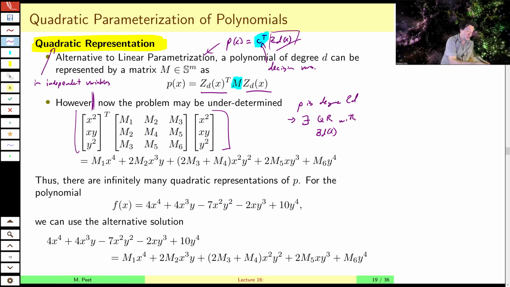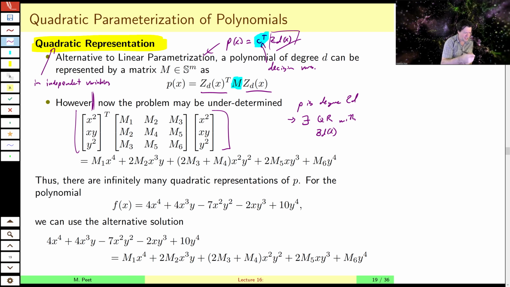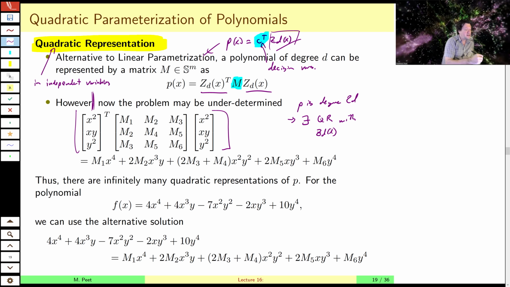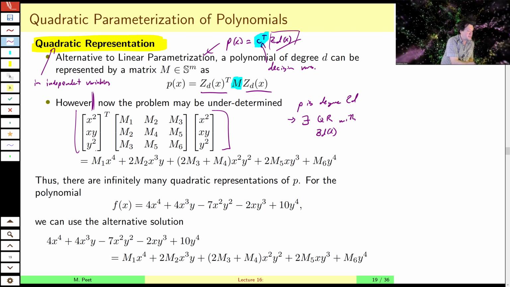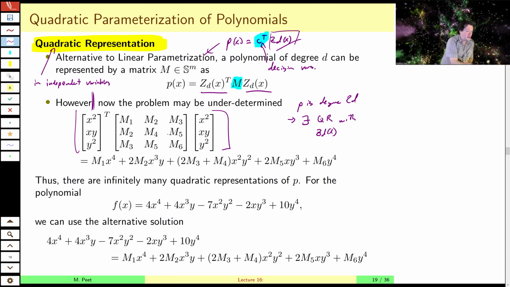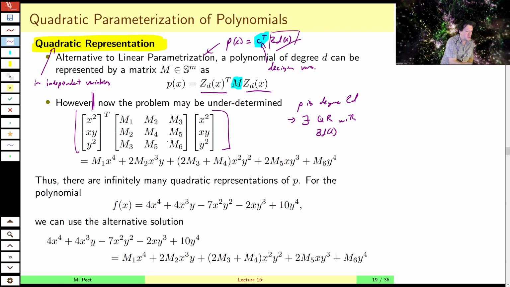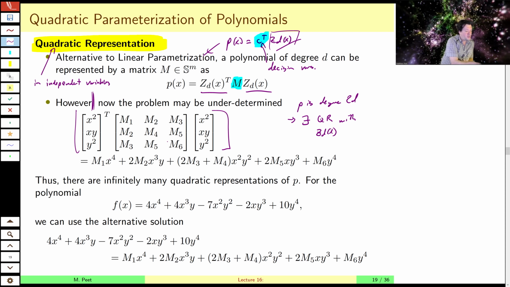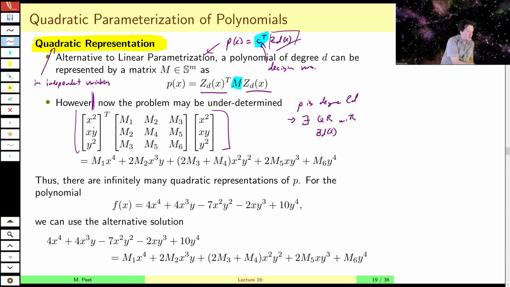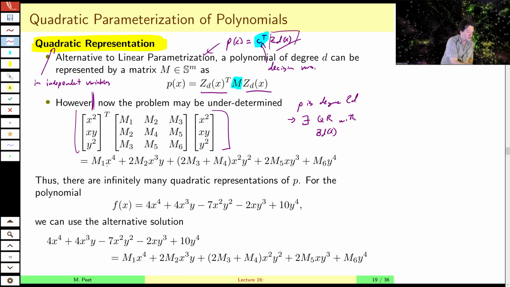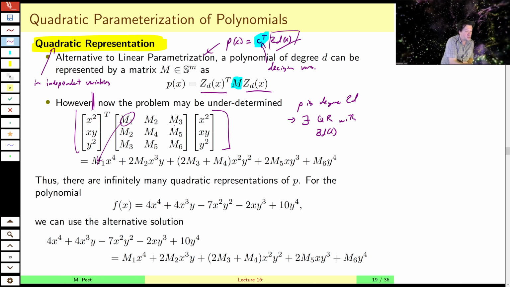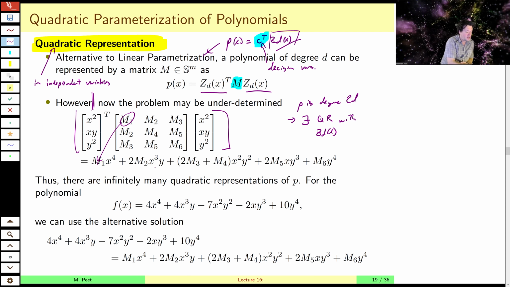This is actually homogeneous polynomials, so it's a slightly different question. But in any case, let's look at this quadratic representation. These are the options you have for the representation, all these m's, there are 6 of them. And if you multiply this out, and this is important, x squared times x squared comes here. X squared times xy comes down here.